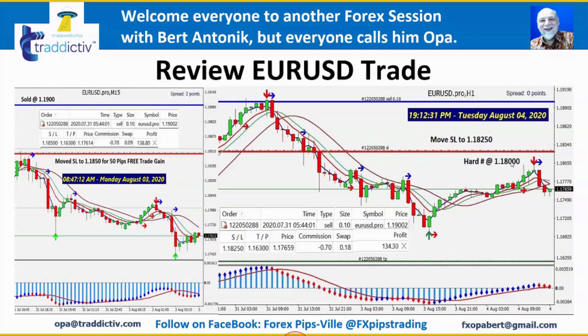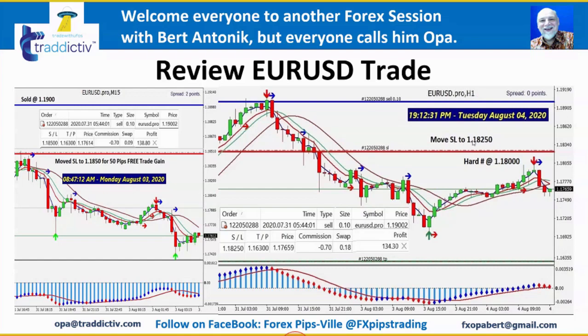And what you notice here is that the alert and the 1, 2, 3 reversal here both came in at the hard number, okay? So they both came in at the hard number, which told me that I might want to move my stop loss down again.